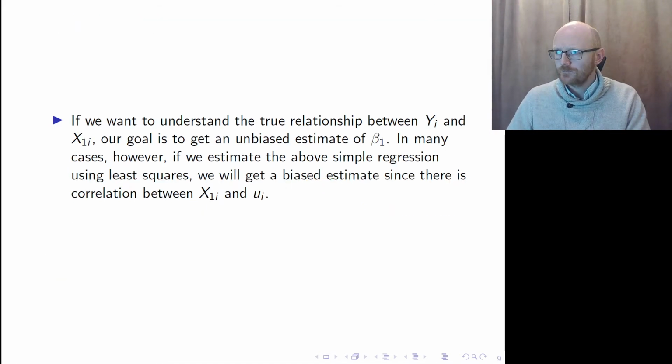Okay, so if we would like to understand the true relationship between y and x, which means that we would like to find beta 1, the true beta, or an estimate of the true beta, then we want to get an unbiased estimate of beta 1, which means that on average we are hitting the true beta.